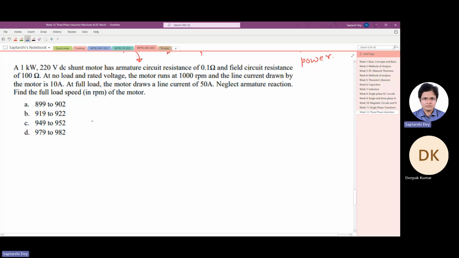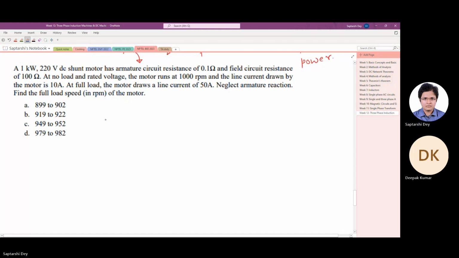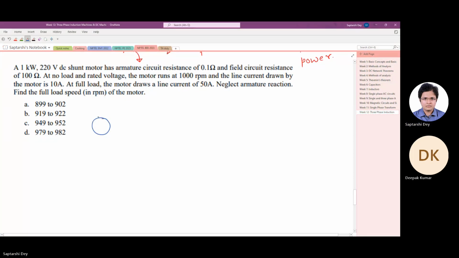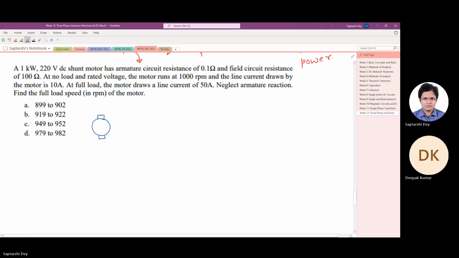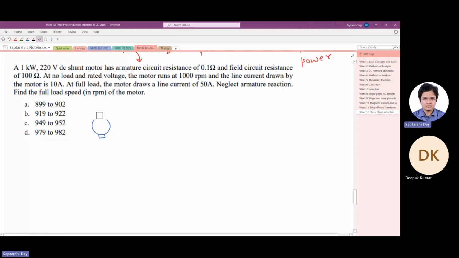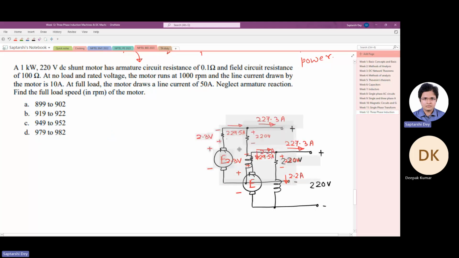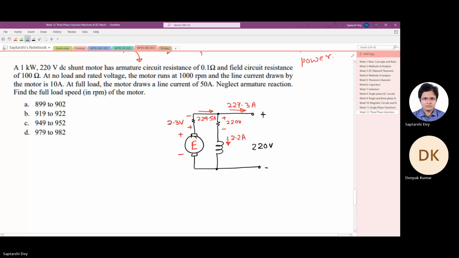So let us draw the circuit. Again, a DC shunt motor. I'll draw it here. Do I still have it in the clipboard? Yes. I will quickly erase this.